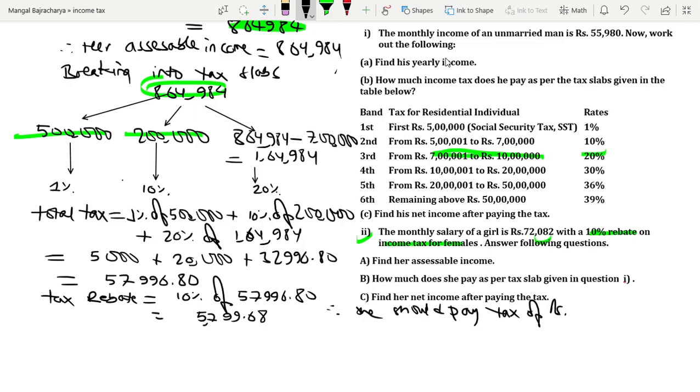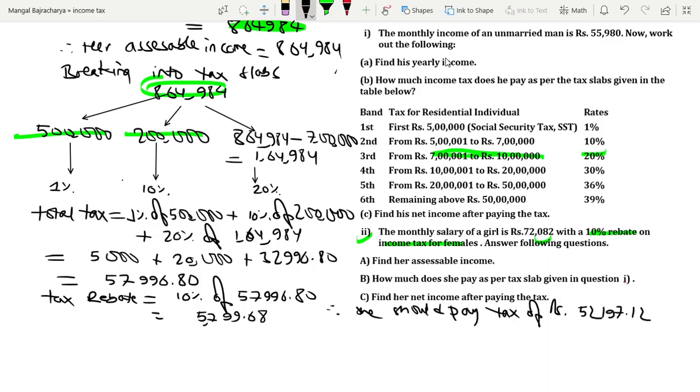So the discount 5799.68 gets subtracted, or on the total tax into 0.9 also you can do, the same will be. So it's 52,197.12. So this much amount of tax she pays after the tax rebate.